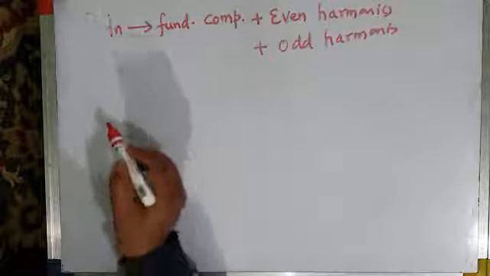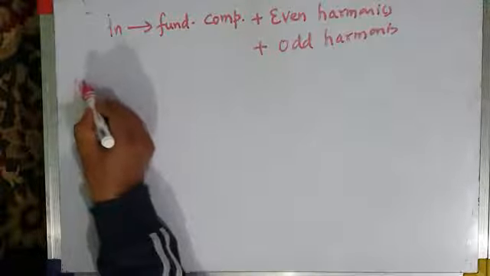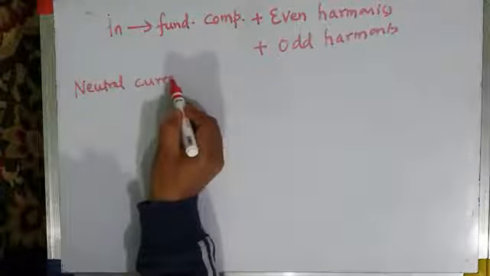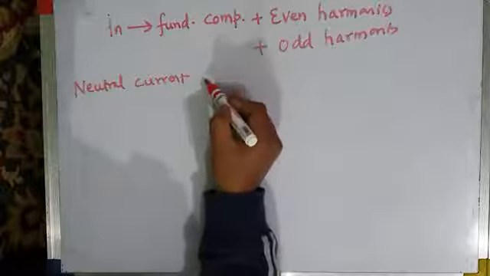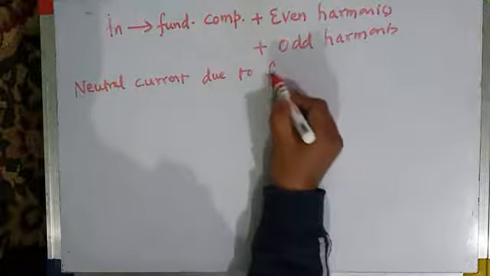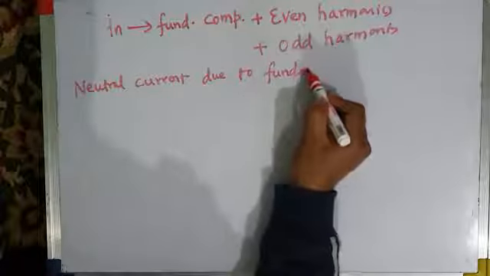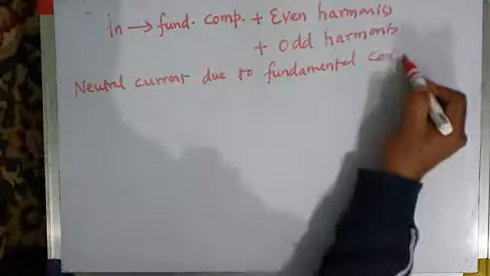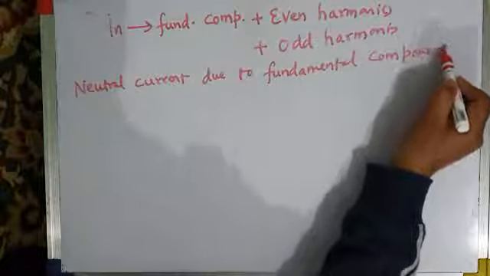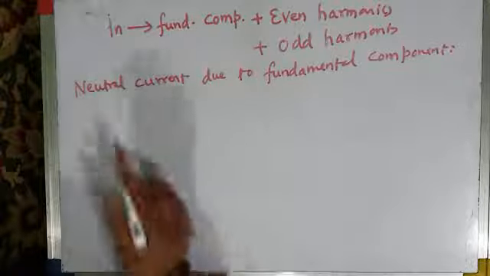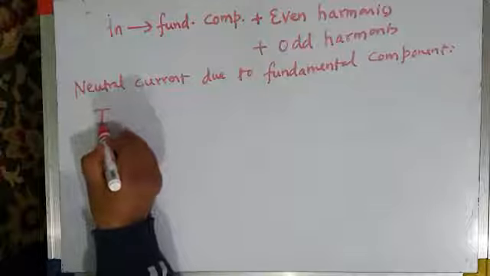Now, I will write here neutral current due to fundamental component. Let us see whether it results in any neutral current for balanced system or not. Now what is neutral current because of fundamental component?